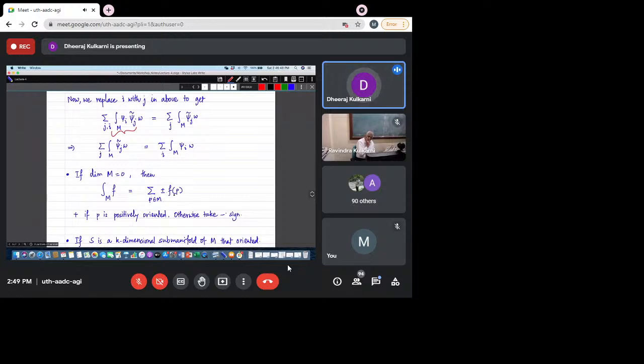You take plus f p if the point p is positively oriented, otherwise take minus f p. Since we are taking f to be compactly supported, this sum is a finite sum, not an infinite discrete sum. So with this understanding in dimension 0, we have the notion of integration defined for all manifolds.